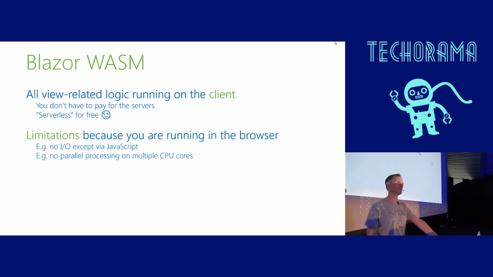But you have limitations. What kind of limitations do you have? Hey, you're running in JavaScript, you're running inside the WebAssembly sandbox, and that means no input-output, no access to the disk, no access to a database, no direct access to the network, things like that. And we all know that JavaScript is a single-threaded environment.